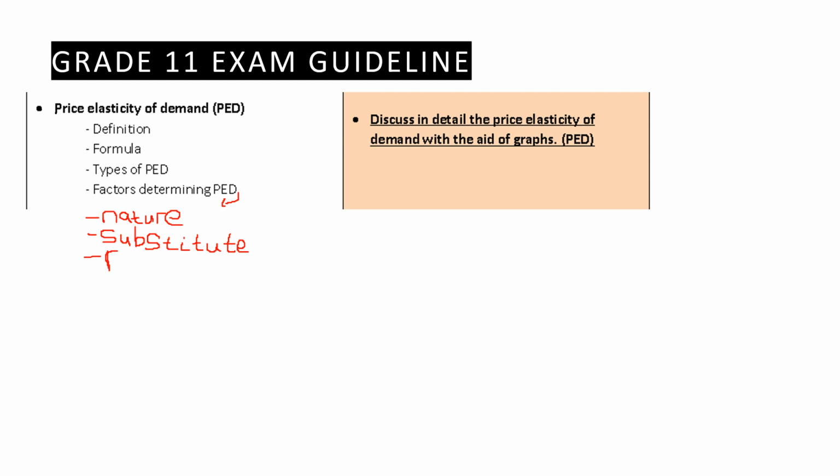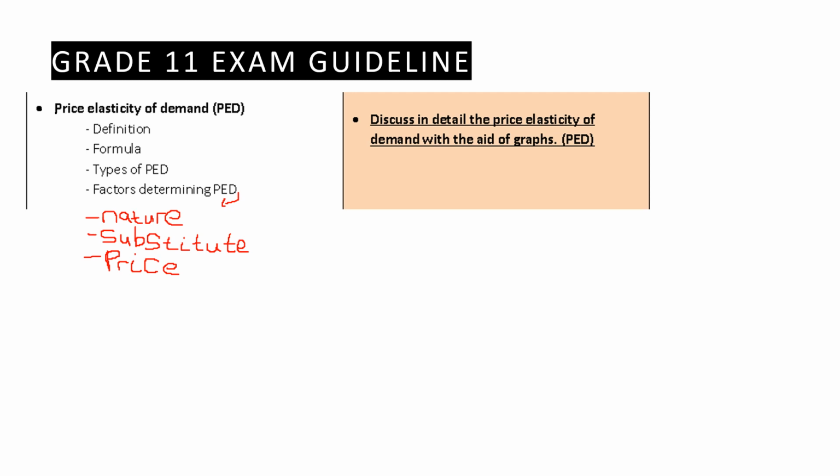Now when we talk about price level, we are saying the general price of products also determines the elasticity of that particular product. For example, if we look at the price of a house, most houses now, as we speak, are ranging around 500,000 to 5 million.